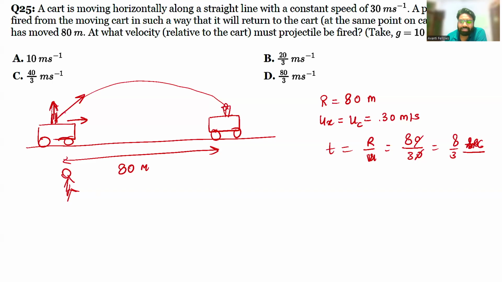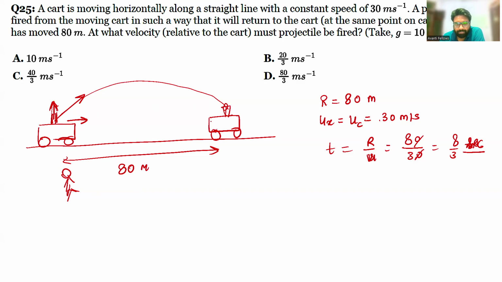Now what is the vertical component of the velocity? Only a vertical velocity needs to be given to the projectile. So what should be that particular velocity to cover the same range over here?